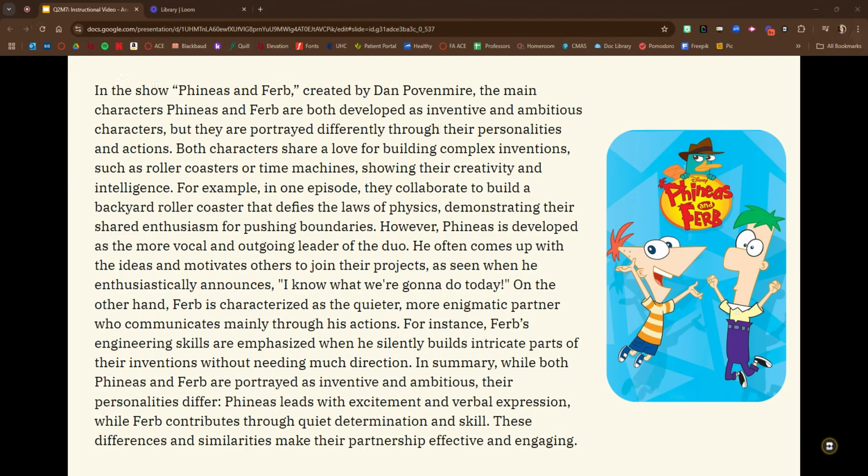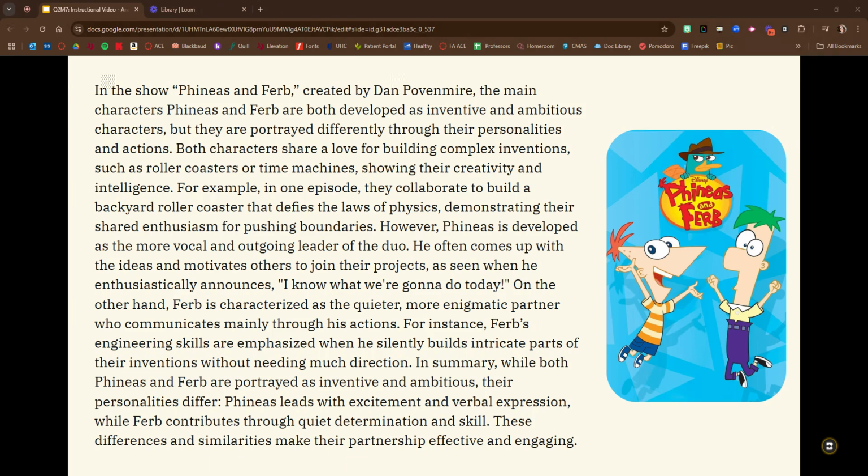For example, in one episode, they collaborate to build a backyard roller coaster that defies the laws of physics, demonstrating their shared enthusiasm for pushing boundaries. However, Phineas is developed as the more vocal and outgoing leader of the duo. He often comes up with the ideas and motivates others to join their projects, as seen when he enthusiastically announces, "I know what we're going to do today."